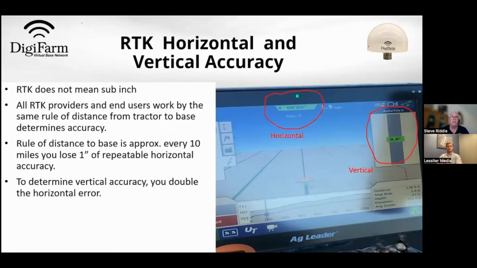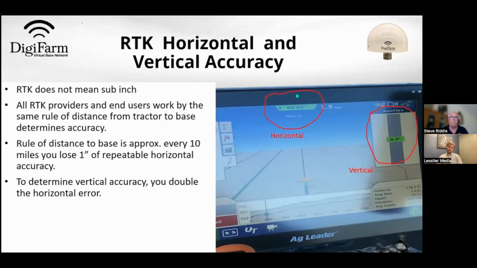So if you're at 5 miles, in theory, at that moment you could potentially have half-inch repeatable horizontal accuracy. Vertical control is a lot more difficult as far as how it's calculated and how accuracies are determined, but everybody I've ever met agrees that you simply double your horizontal error to determine your vertical accuracy level.